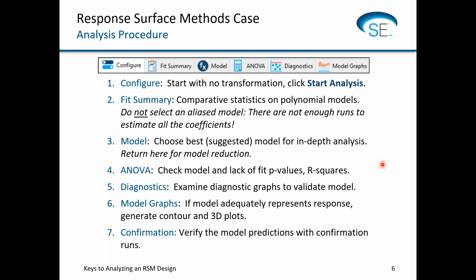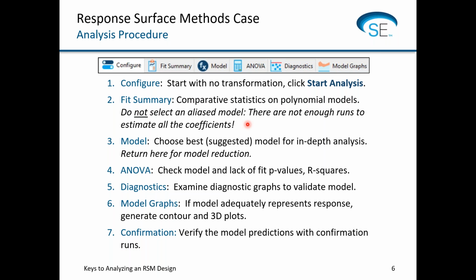In Design Expert or Stat-Ease 360, the analysis is laid out quite nicely from left to right, starting with a configure button. The configure button is where you can optionally add a transformation to the data. We normally start without a transformation, so there's a button on this page that says Start Analysis. We'll start with that. And then we go to a report called the Fit Summary Report that provides comparative statistics on polynomial models.